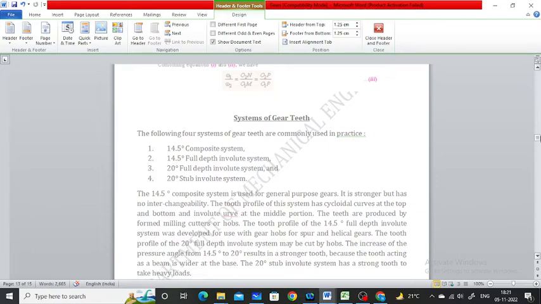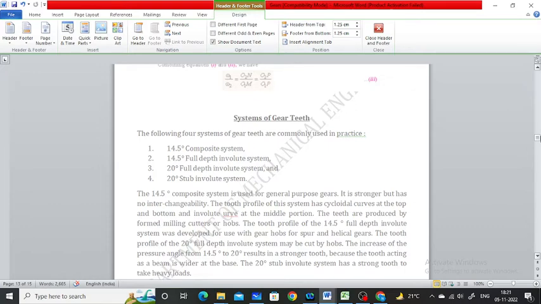in practice. The 14.5 degree composite system, the 14.5 degree full depth involute system, the 20 degree full depth involute system, and fourth, the 20 degree stub involute system. The 14.5 degree composite system is used for general purpose gears.